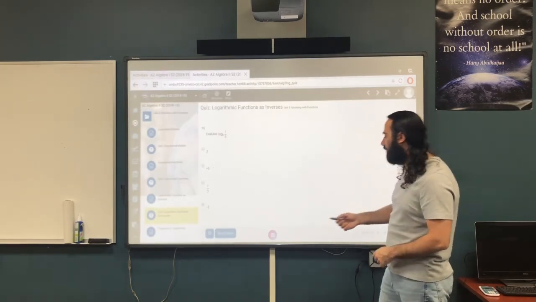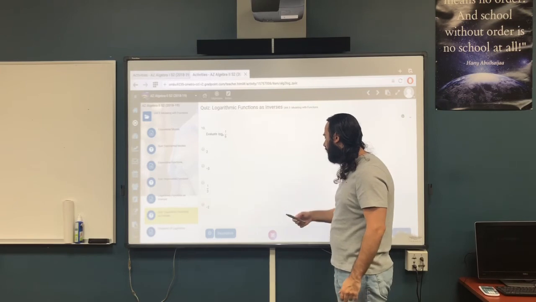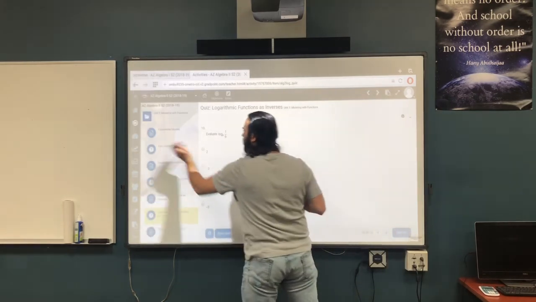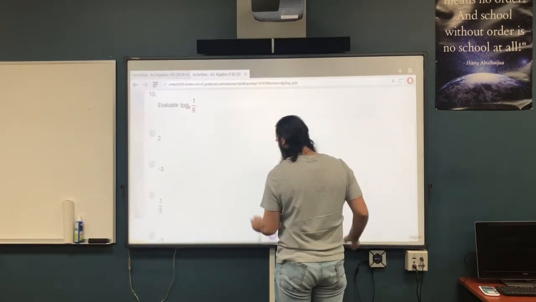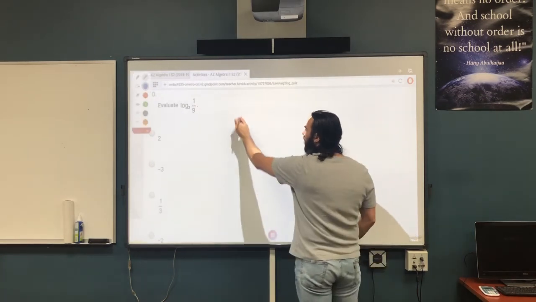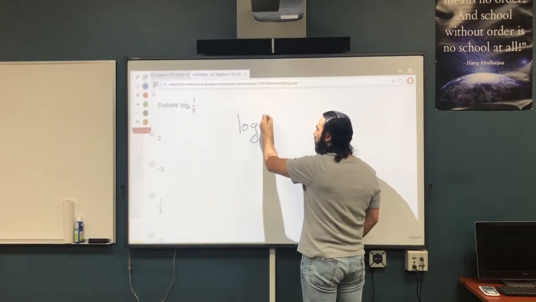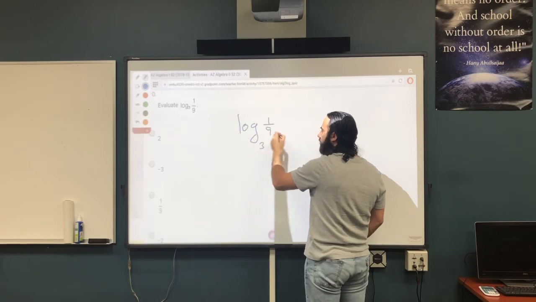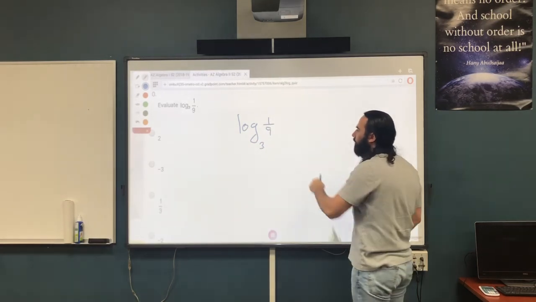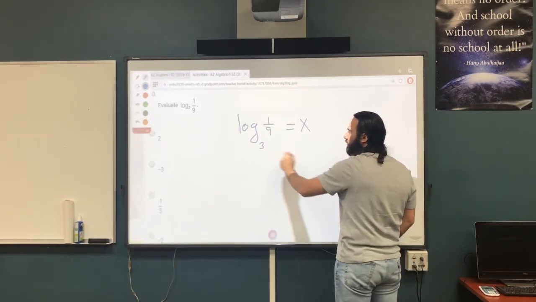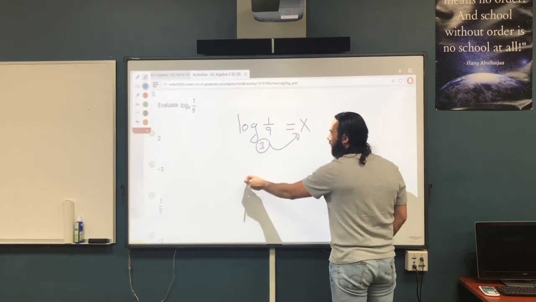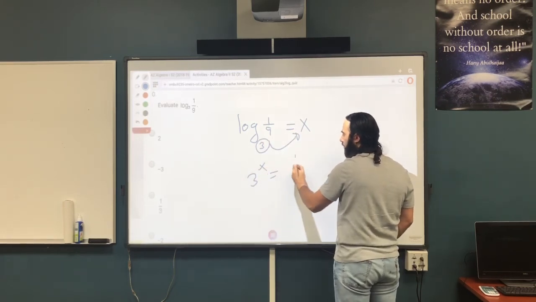The same thing, guys. We'll do the last one. Let me zoom in first. The question is log 1/9 with the base 3. We need to evaluate. The same thing, equals x. 3 to the power of x equals 1/9.